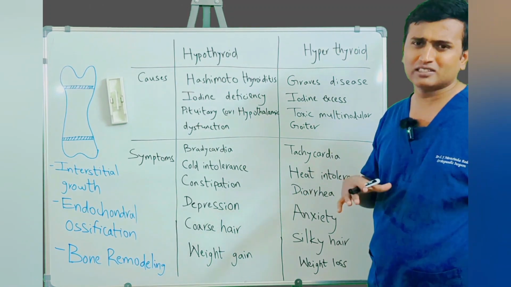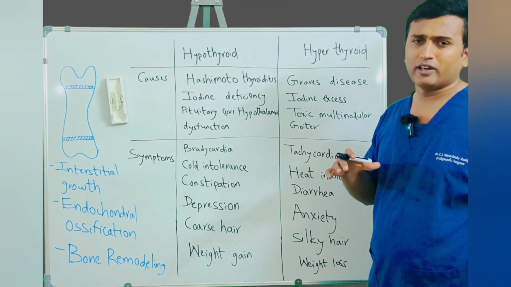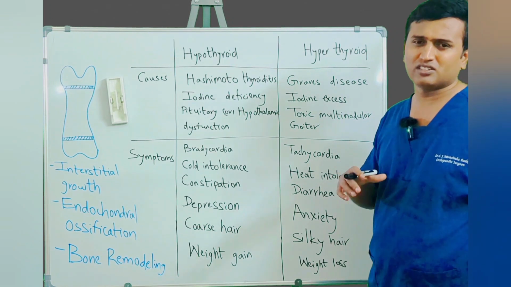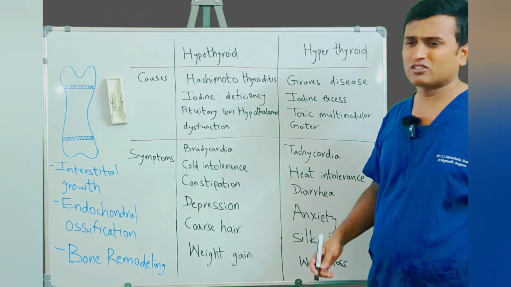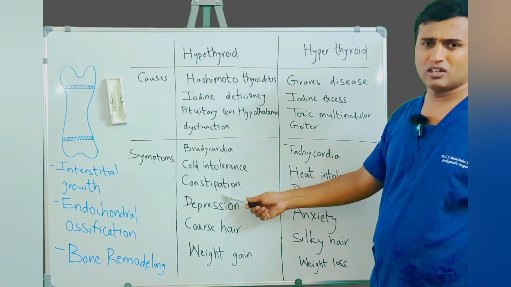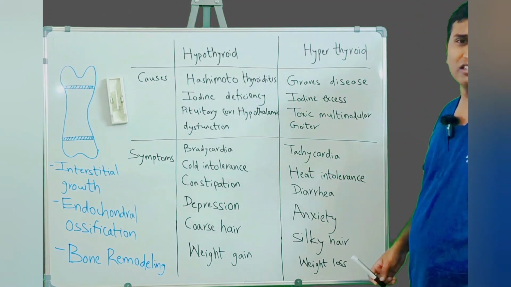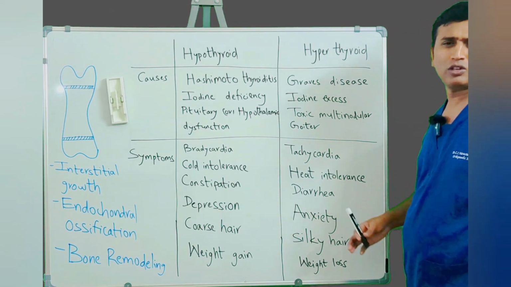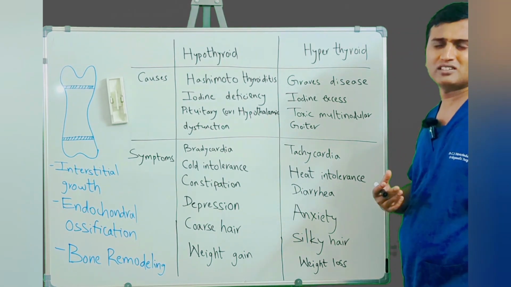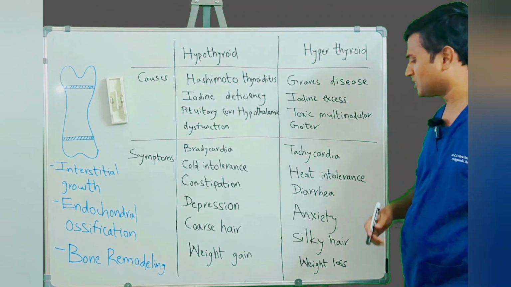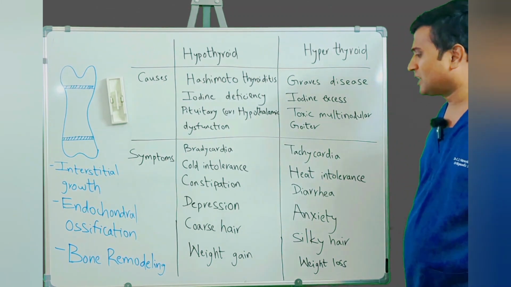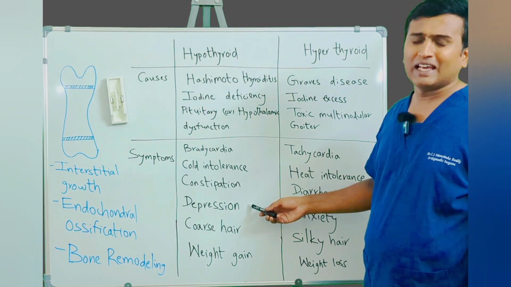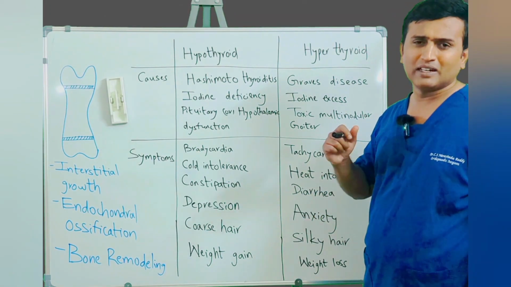When we have less thyroid hormone, that decreases GIT motility and secretions, which causes constipation. And whenever we have high levels of thyroid hormones, that causes more motility and more secretions in the gastrointestinal system, which causes diarrhea.